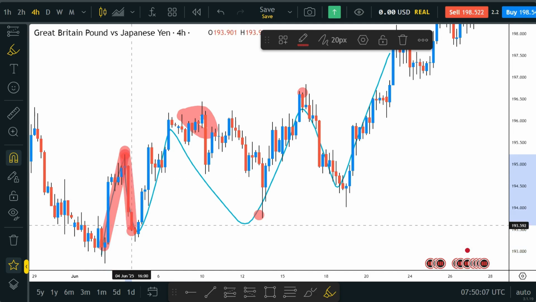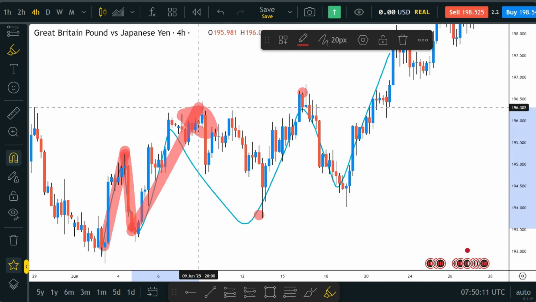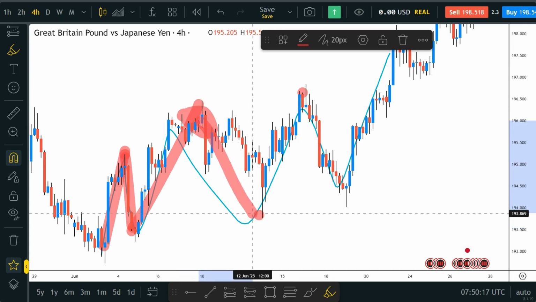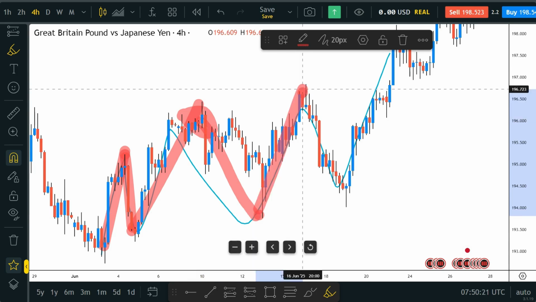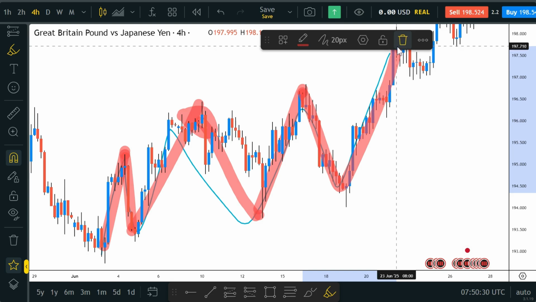Okay, then it comes by forming a lower high over that point. Then if you connect this dot over here, the market has formed a lower low. Then the market came and formed a lower high. Then the market formed a lower low until the market came and formed this point over there.